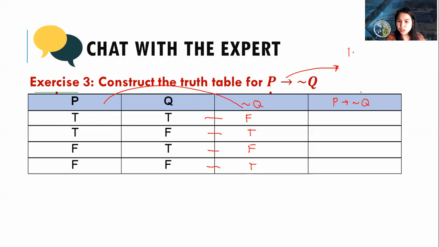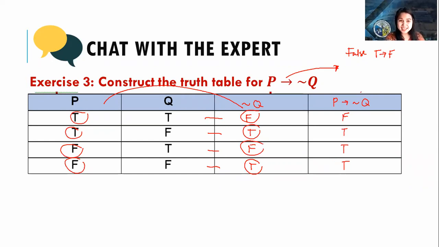It's only false when true, then false. Number 1, true then false, false. Next, true then true, true. False then false, true. False then true, true. Any questions? No questions?